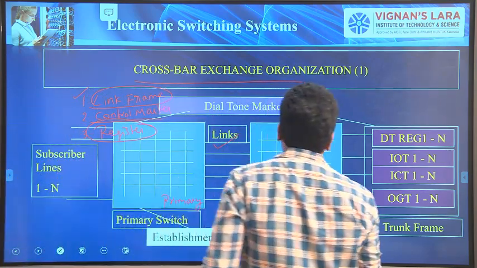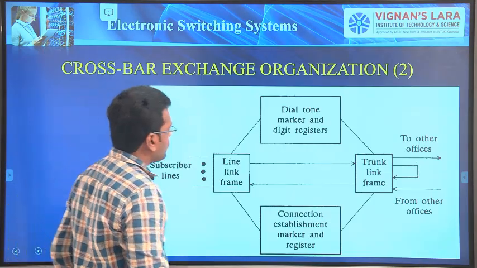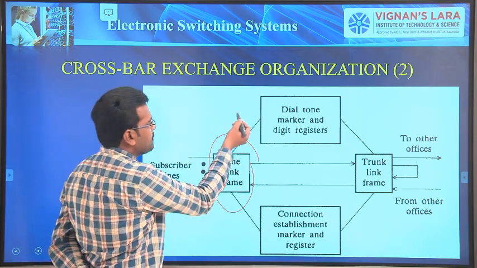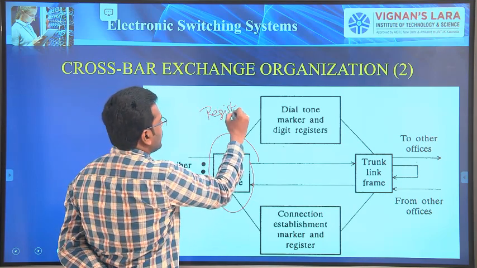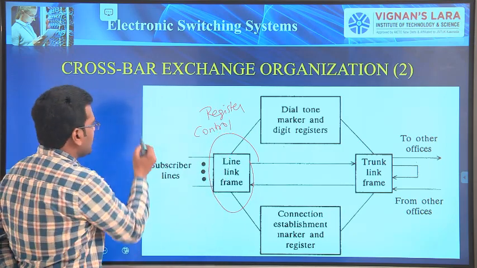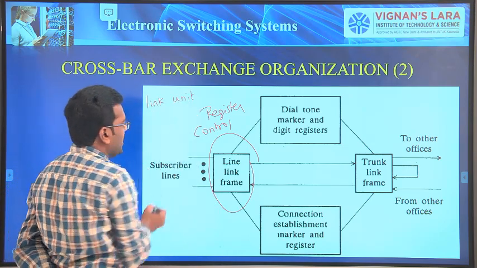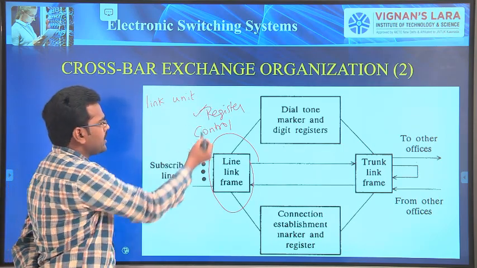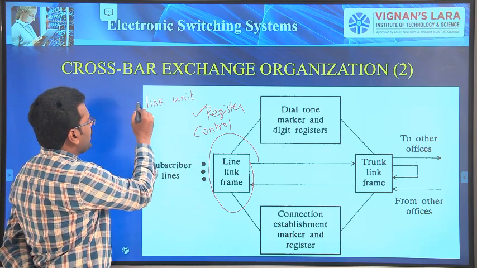Here, two more points to be noted. The line link frame along with the registers and control markers, grouped together, is called a link unit.